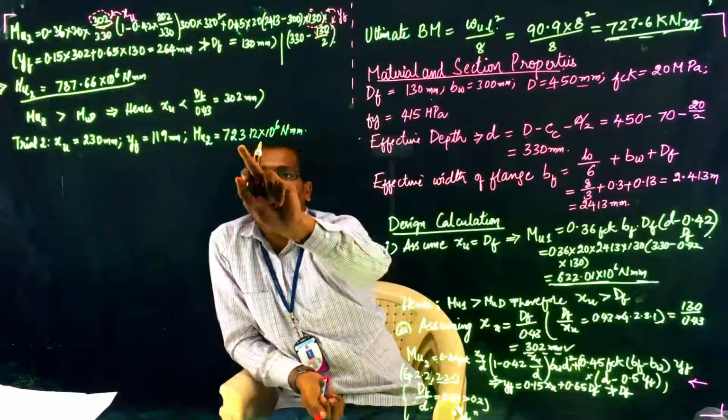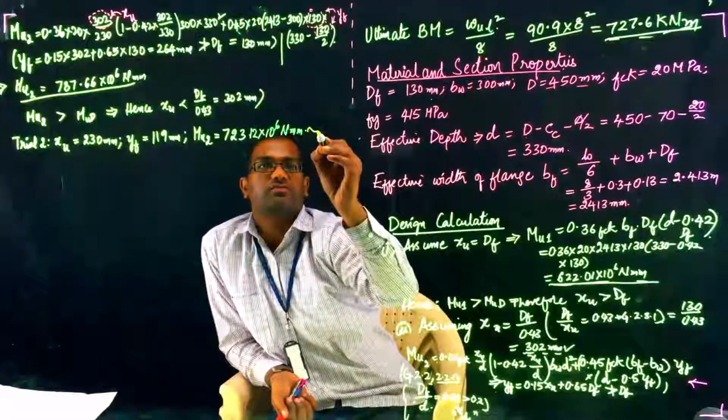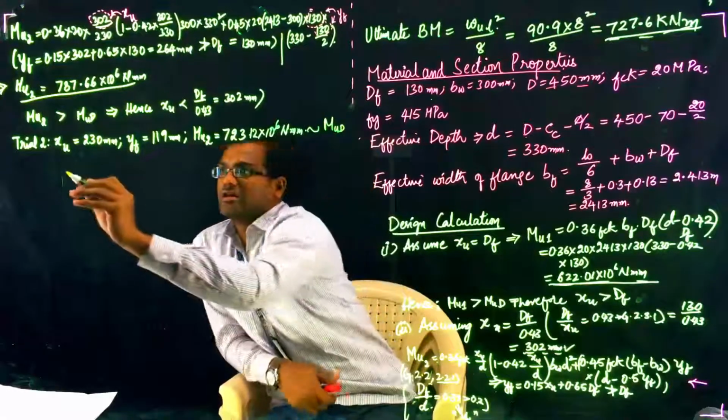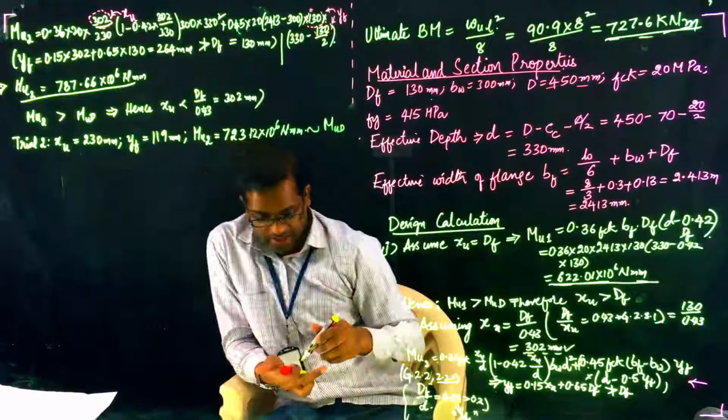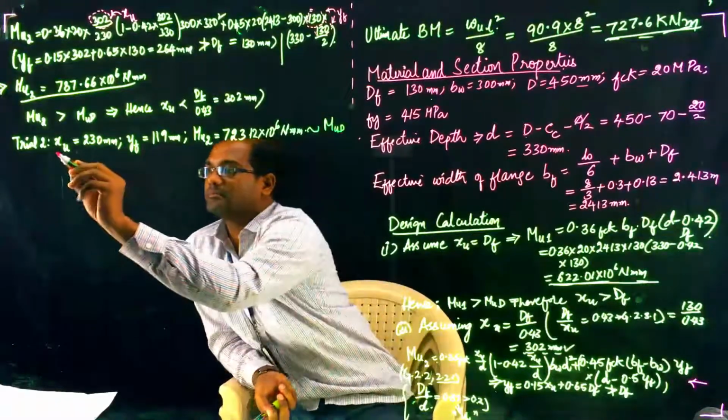Now if you compare 723 with 727, it is more or less equal. So hence XU can be taken as 230 mm.